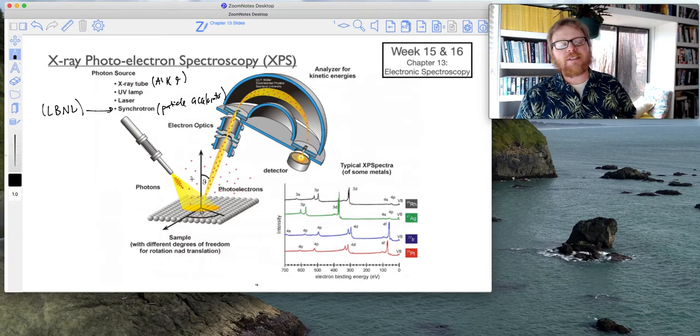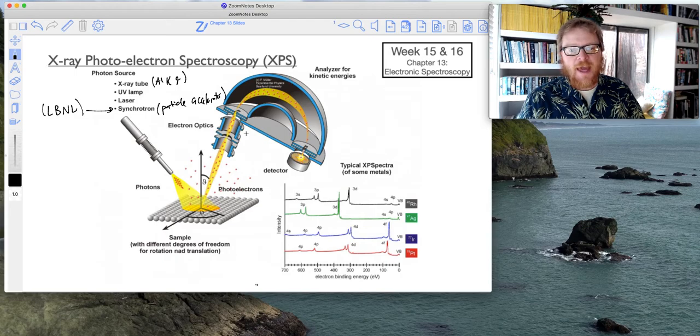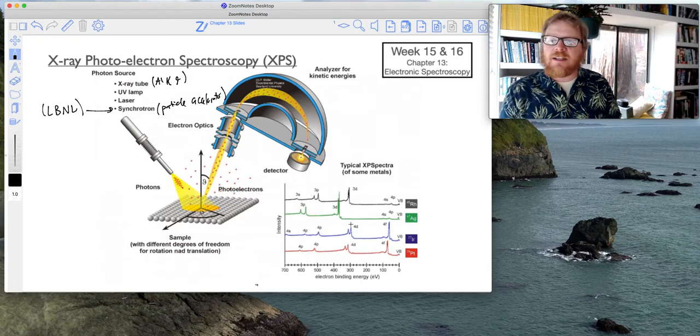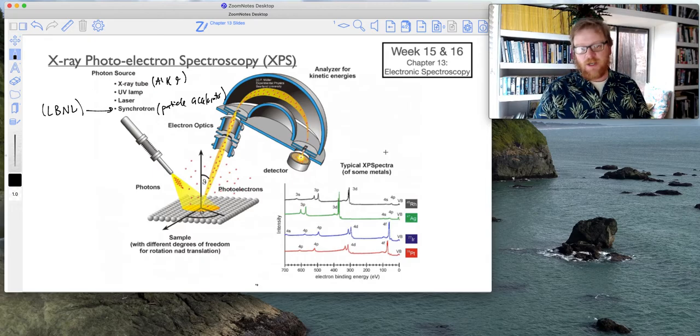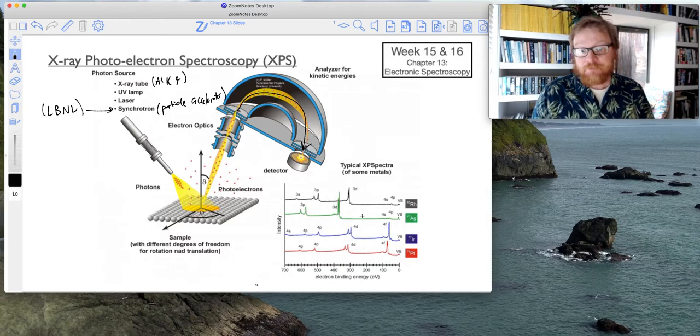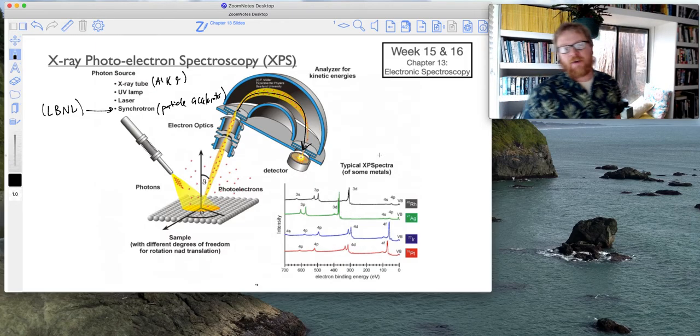Okay, so here you can see photoelectrons are ejected off of the surface, and the hemispherical energy analyzer works much like a mass spectrometer, where it separates electrons based off of their kinetic energy. Now, in a mass spectrometer, everything has a constant velocity, but the mass changes. So that changes the trajectory that those mass ions will have. Well, in photoelectron spectroscopy, all of the electrons have the same mass, right?